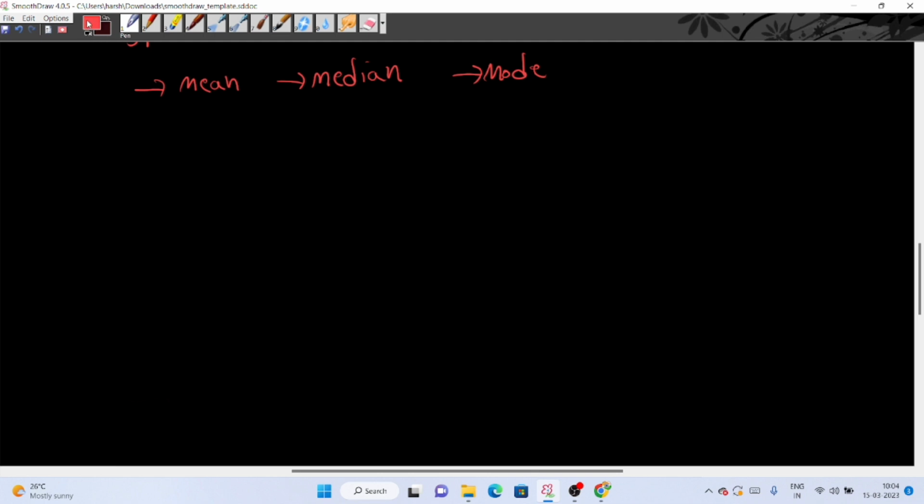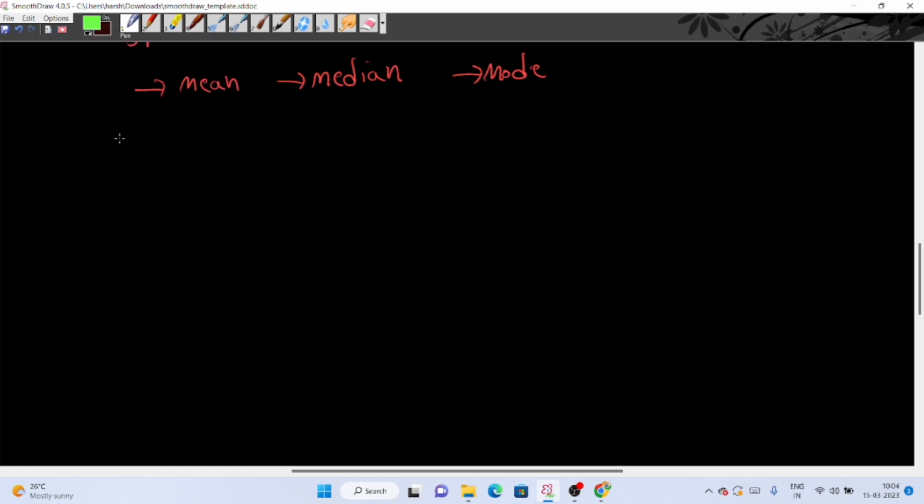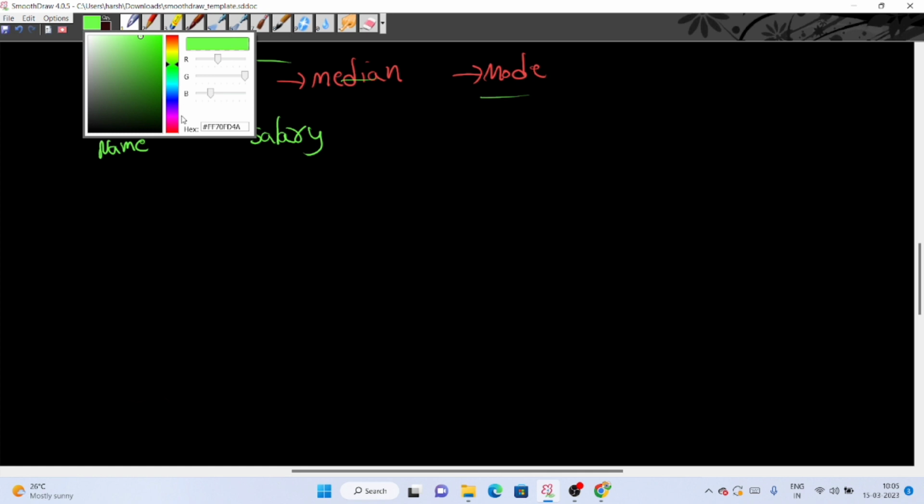Before that, just for your example, I want to make a sample data set which consists of the names of the people and their salary. I'm going to show you mean, mode, and median using this data set. So I'll quickly enter the data.